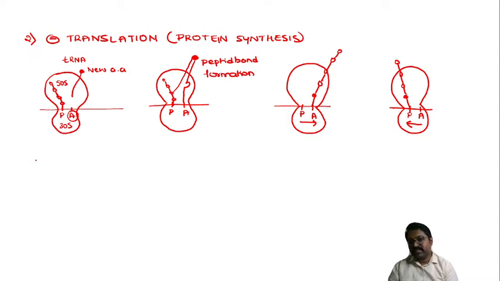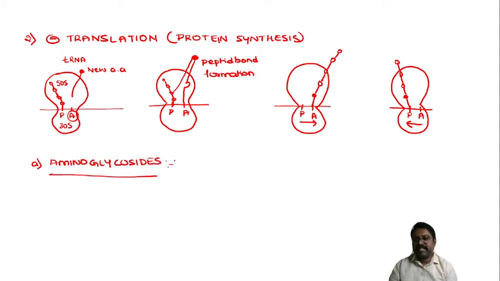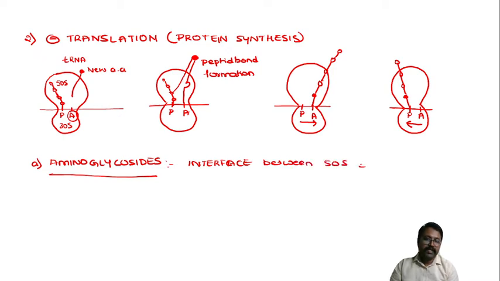So first we have aminoglycosides. These aminoglycosides will basically bind to the interface between the 50S ribosomal unit and the 30S ribosomal unit.